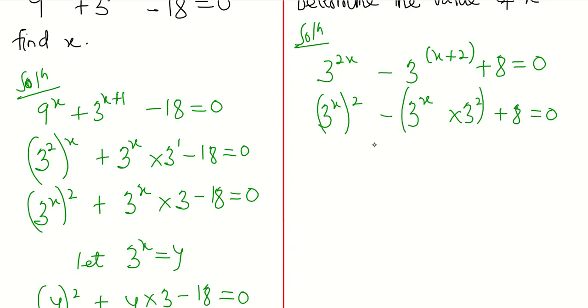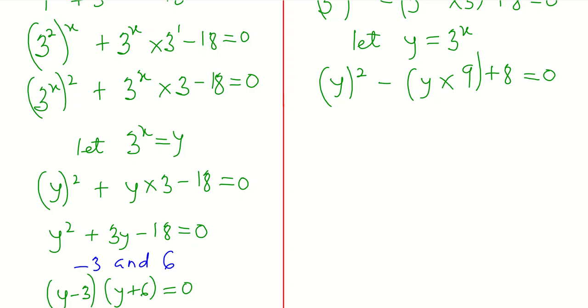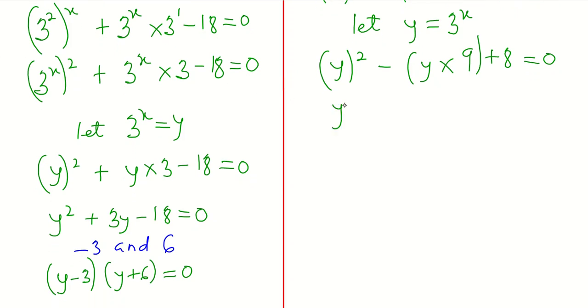So at this moment, we can say that we should let our preferred variable y be equal to 3 exponent x. So which means we are going to put y here, and we bring our exponent 2, minus y times 3 squared is 9, and then we have plus 8 here, which is equal to 0. So we continue, and we have y squared minus 9y plus 8, which is equal to 0.